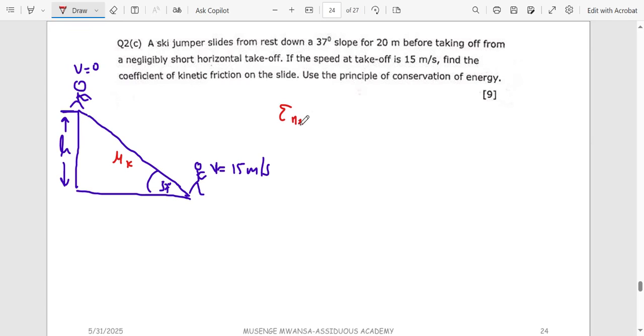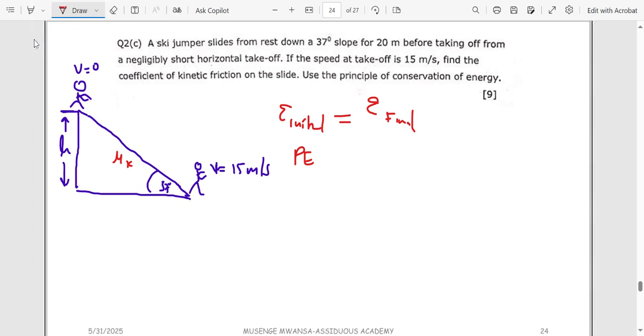So we say energy, let me just use simple initial. Energy initial is equal to energy final. So at the beginning, what energy do we have? At the top, what we have is potential energy. Or we can say energy at the top and energy at the bottom. That's the same.